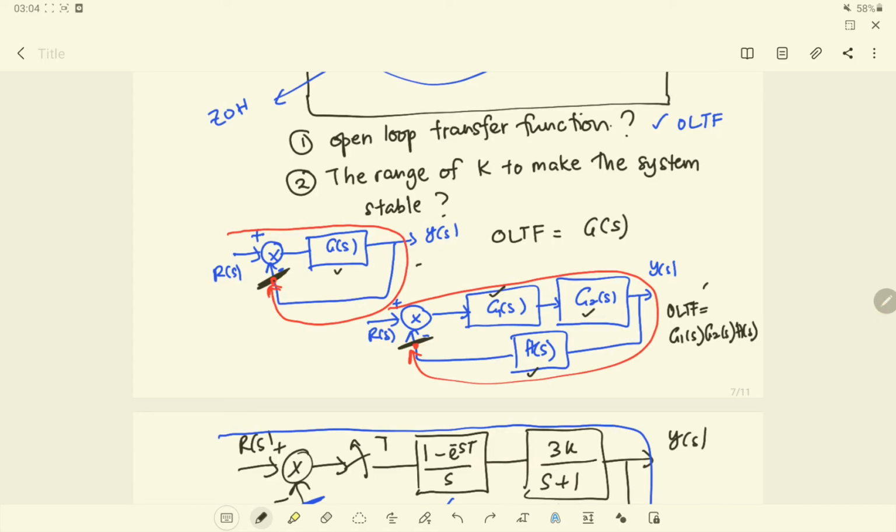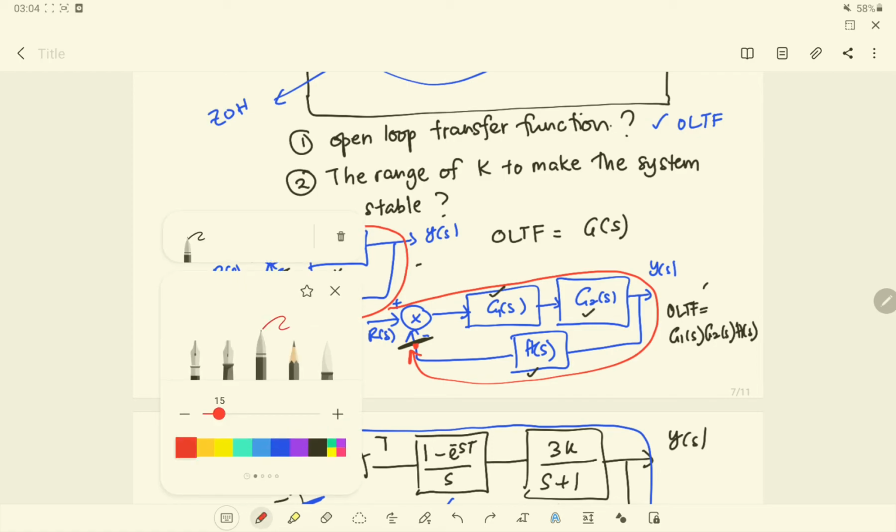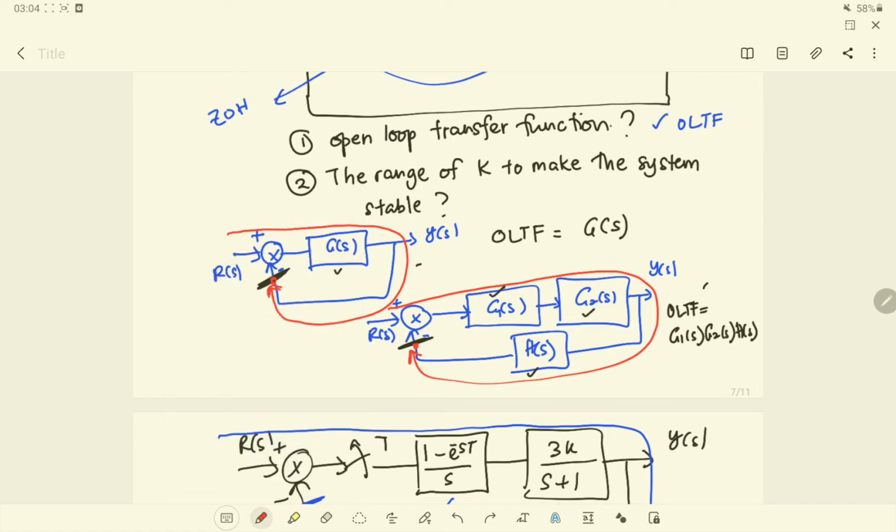Okay, now we go to the second question. You already have the open loop transfer function, the question that I already changed to compute the open loop transfer function if t equal to 0.3. So the second question: what is the range of k in order to make the system stable?